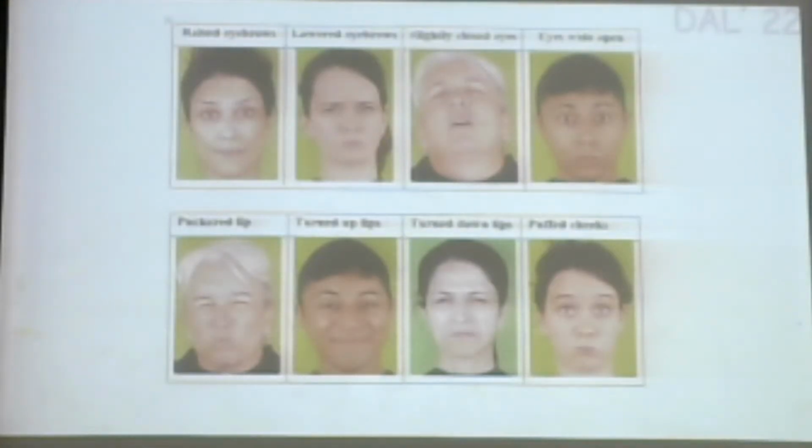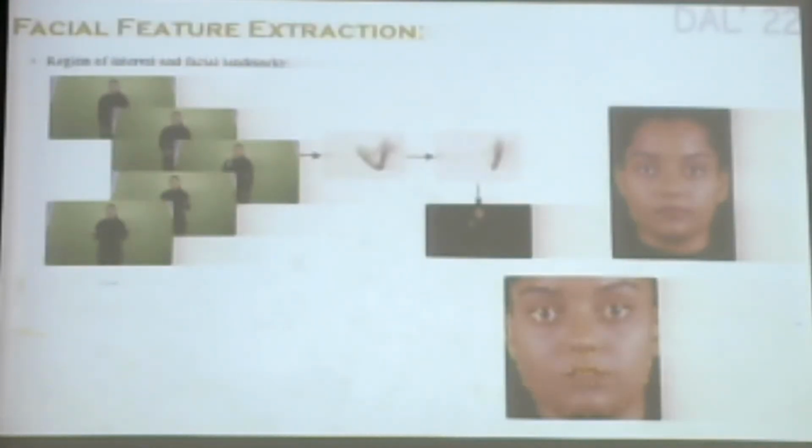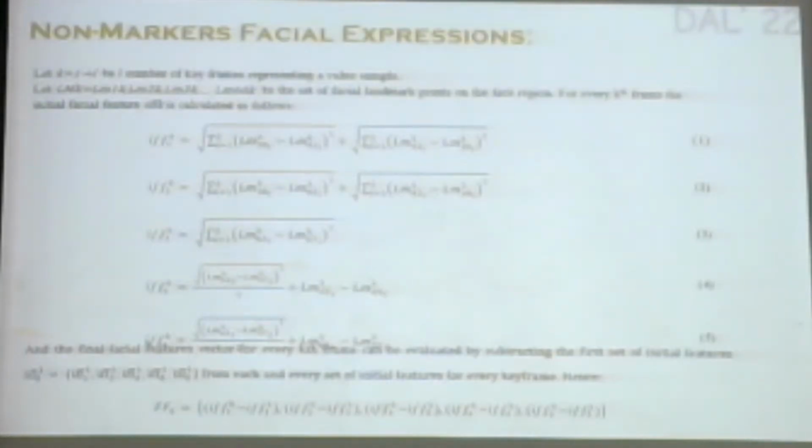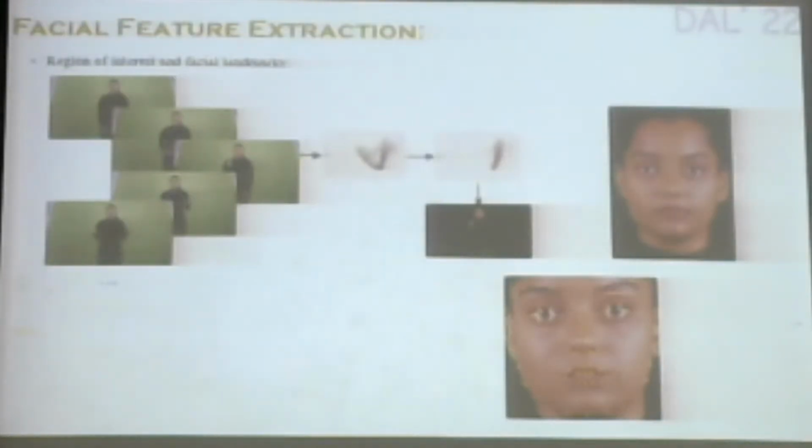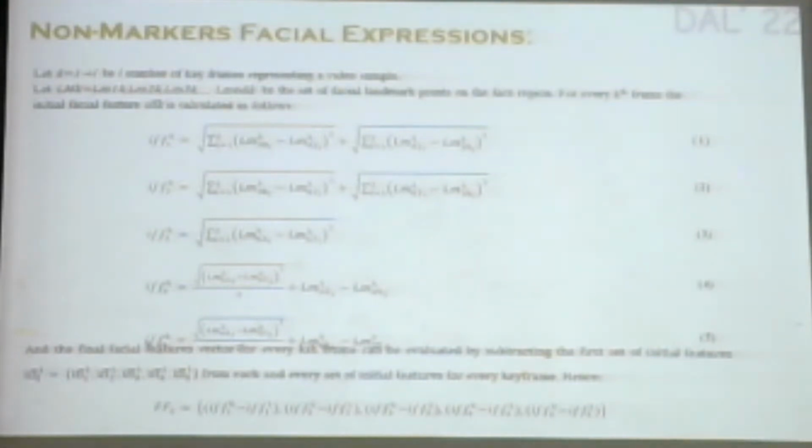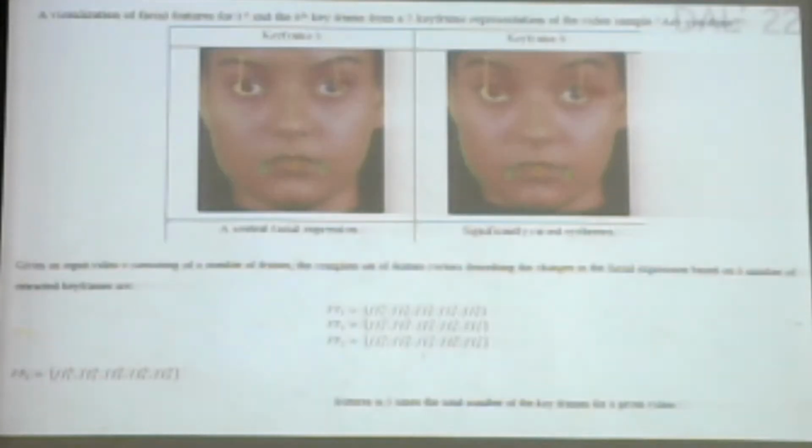these are some of the important non-manual markers when it comes to facial expressions: raised eyebrows and twitching lips. Again, it is the same set of stages: feeding the frames, and we extract a number of landmarks using the model, and these are the features that we extract for each and every frame.